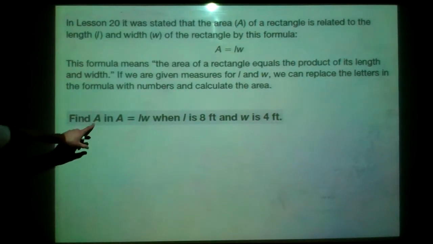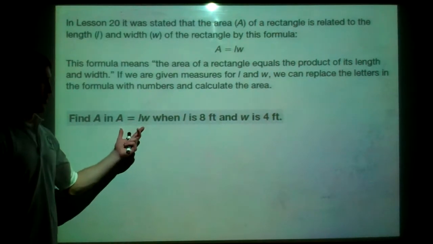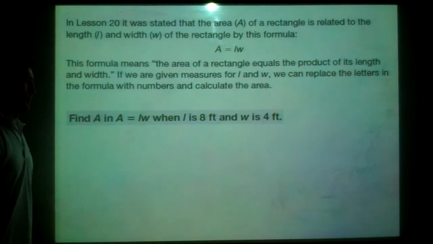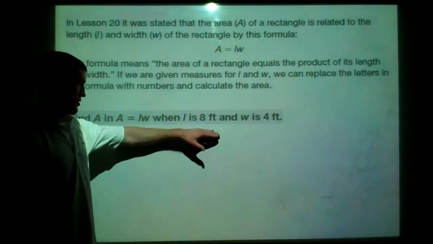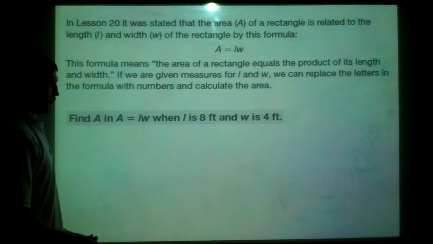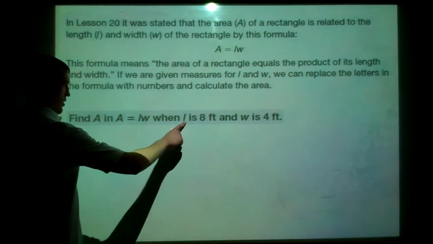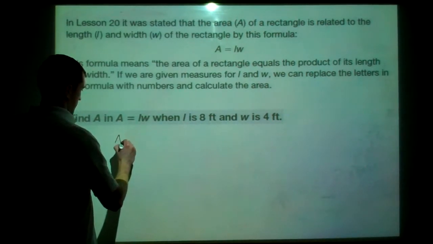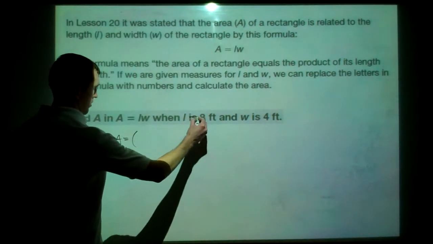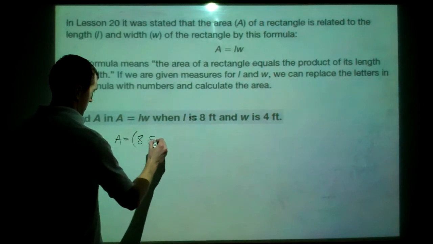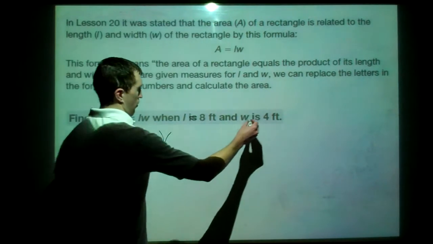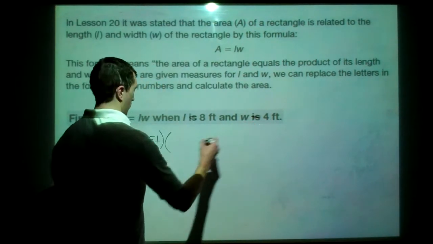So we can find area using this formula when we know what L is and when we know what W is. Basically, if we had a rectangle that was 8 feet by 4 feet, we could just plug these two things into the formula. They tell us what L is, so I'm going to drop these things down, and I'm going to replace L with 8 because L is 8 feet. I'm going to replace W with 4 feet because W is 4 feet.